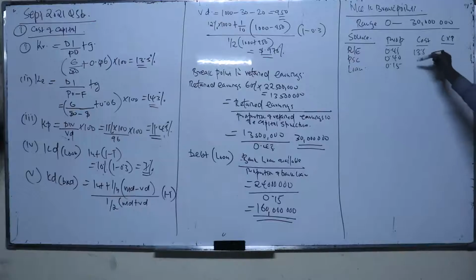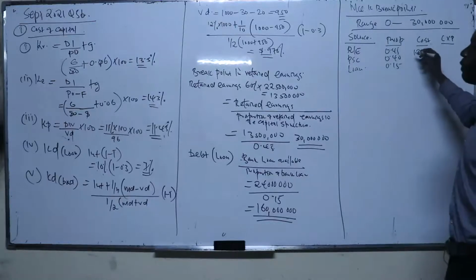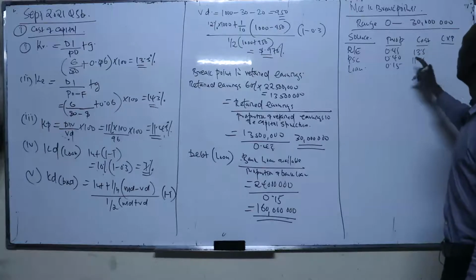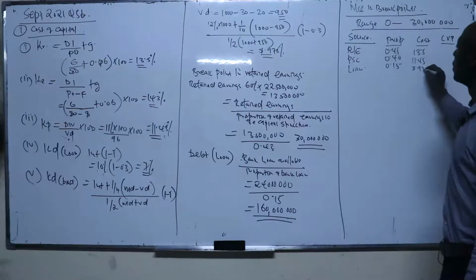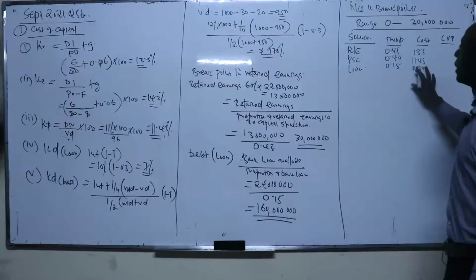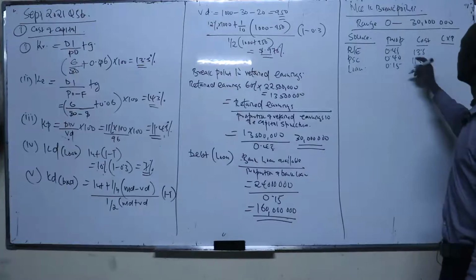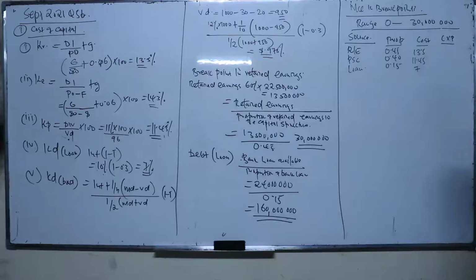So 13.5, this other one is 11.4. This other one, 8 point. Oh, that is the bond, isn't it? This is 7, isn't it? So when you multiply this one, how much do you get?